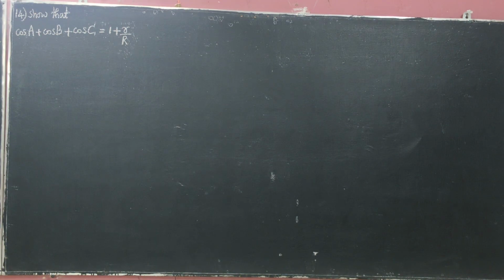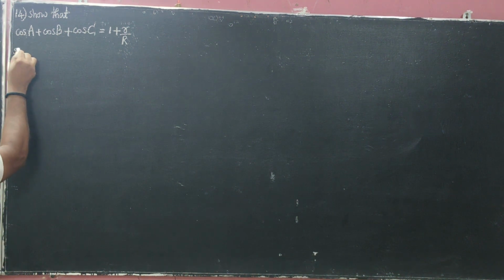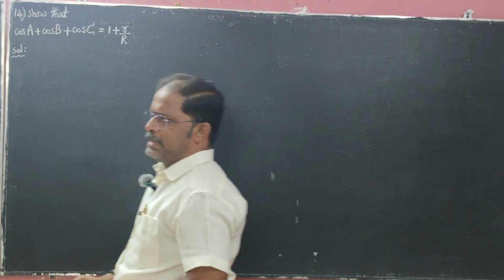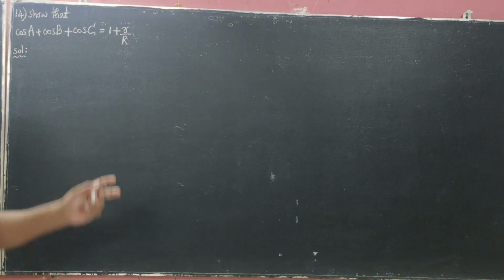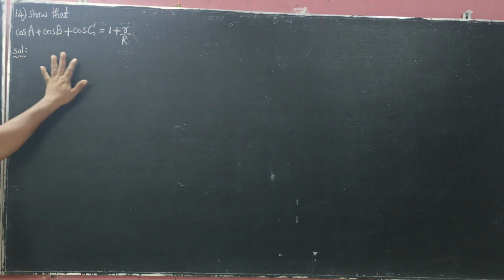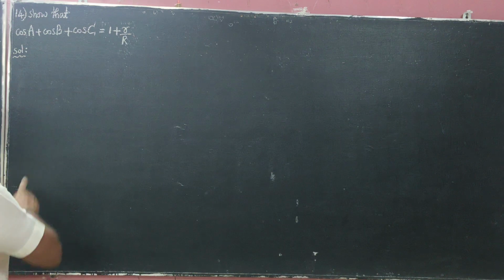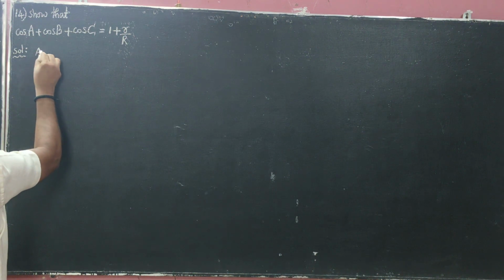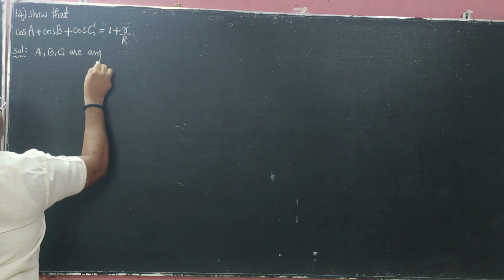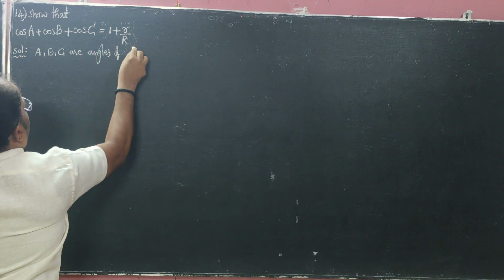Show that cos A plus cos B plus cos C equals 1 plus r by capital R. Actually, in this problem the condition is that in triangle ABC, A, B, C are angles. It is not given in the question, but actually capital A, B, C are the angles of triangle ABC.